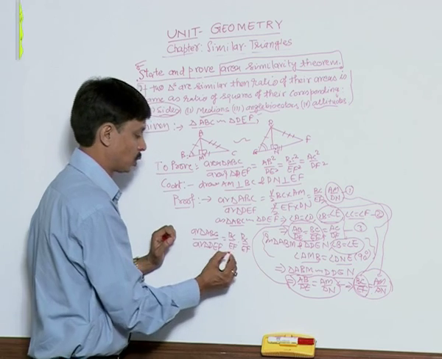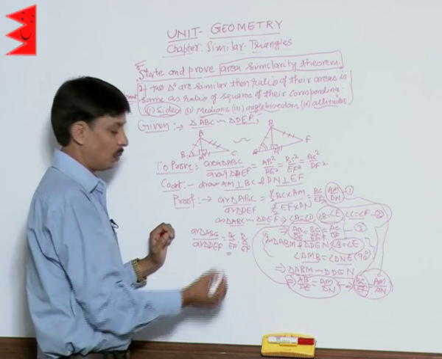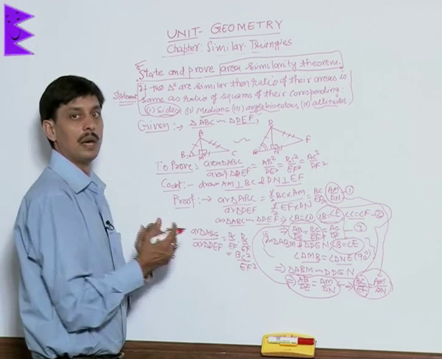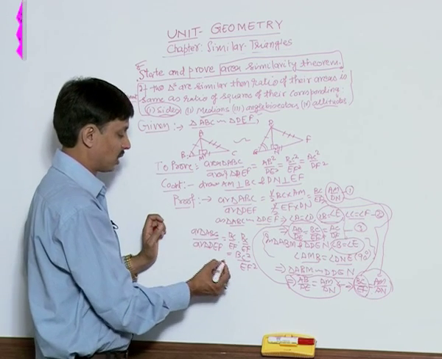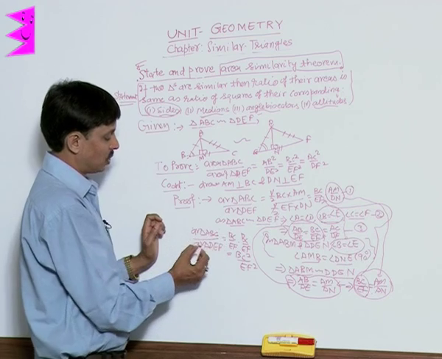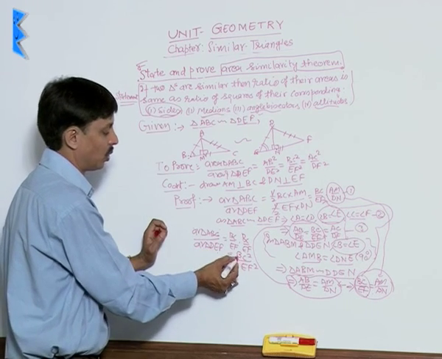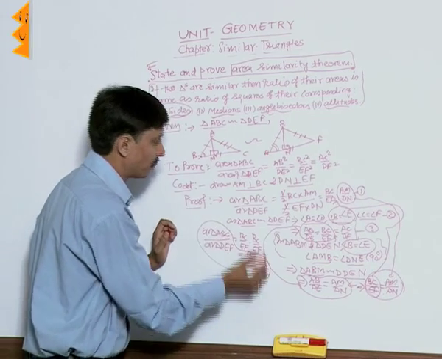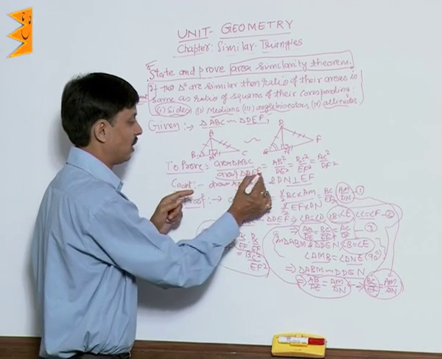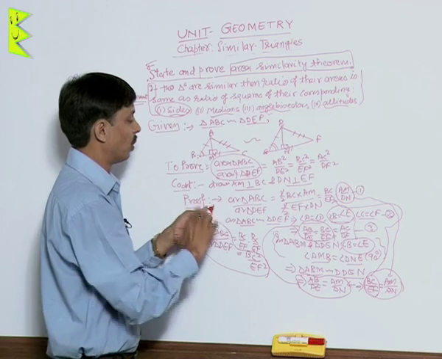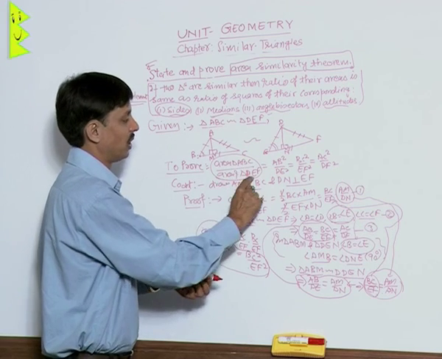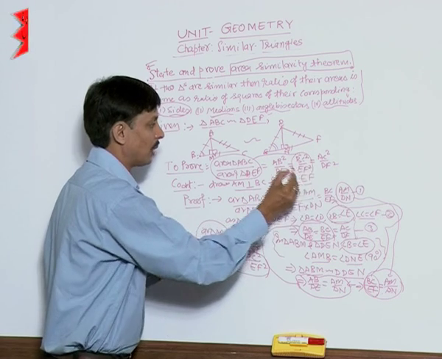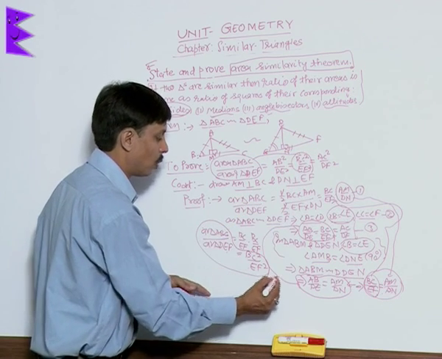So BC upon EF into BC upon EF gives BC square upon EF square. So the result is area of triangle ABC upon area of triangle DEF is equal to BC square upon EF square. This is the required result which we wanted to prove.